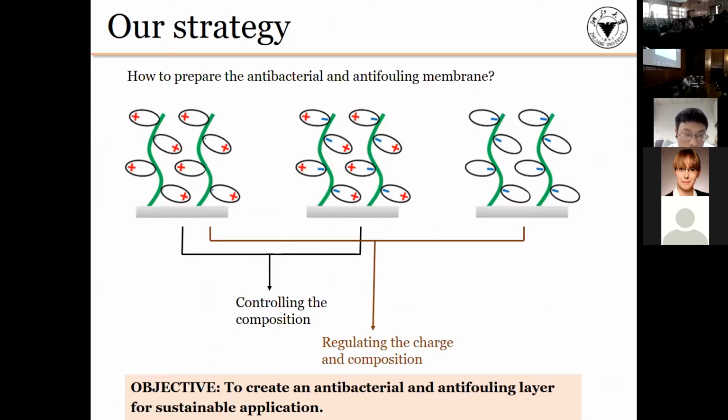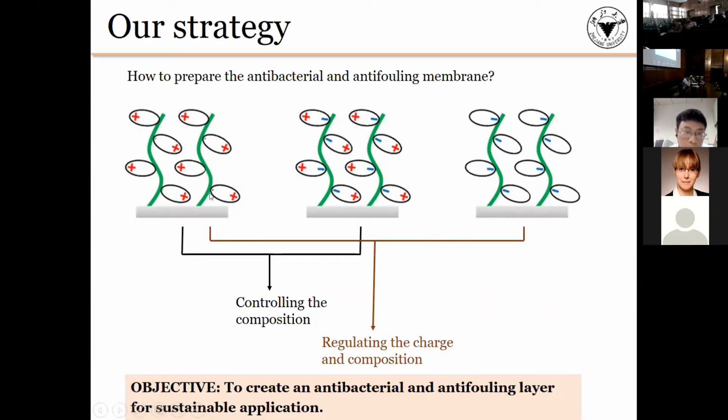One strategy is controlling the quaternary ammonia groups and the zwitterionic groups, controlling the composition to get the antifouling and antibacterial property.